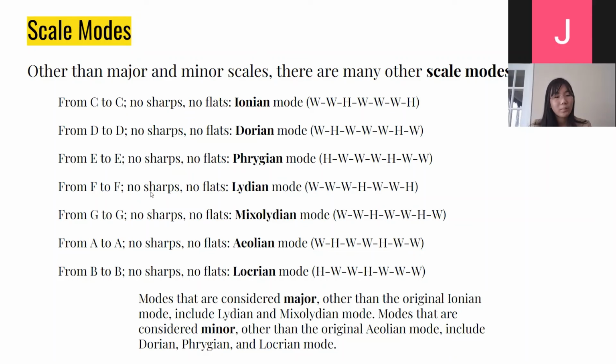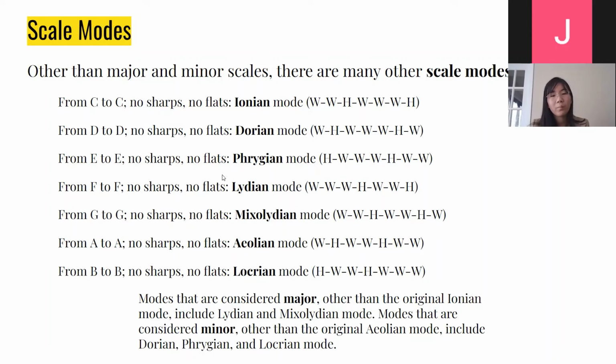And here you see A to A, no sharps, no flats, is Aeolian mode, whole, half, whole, whole, half, whole, whole. So it's just the pattern of notes from these.